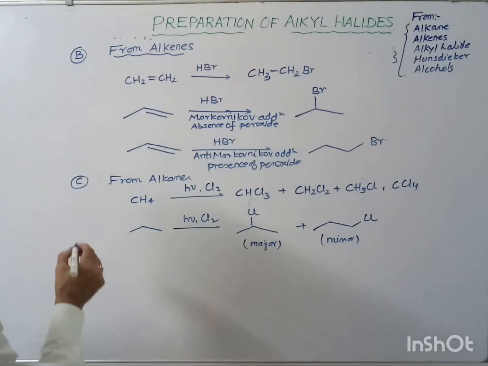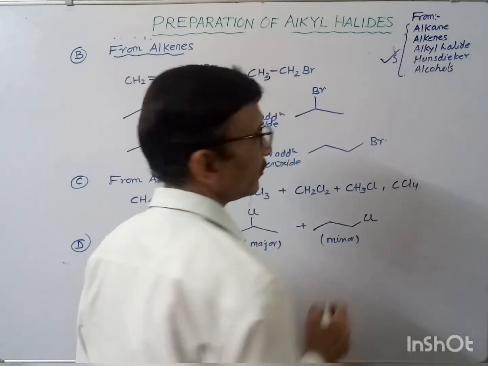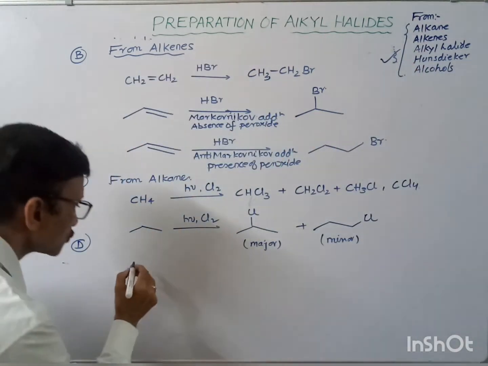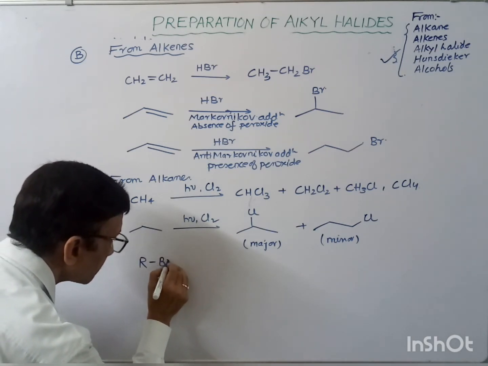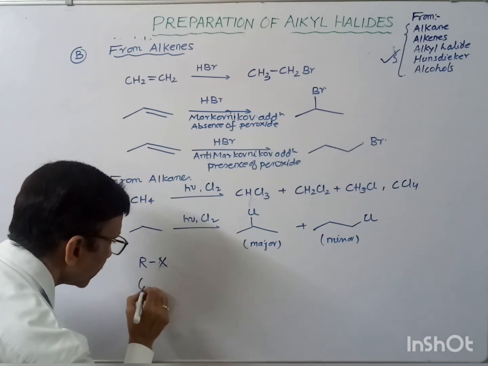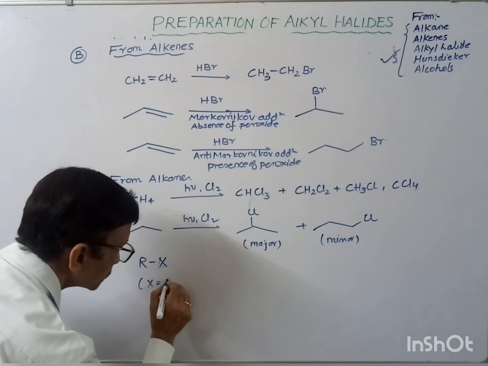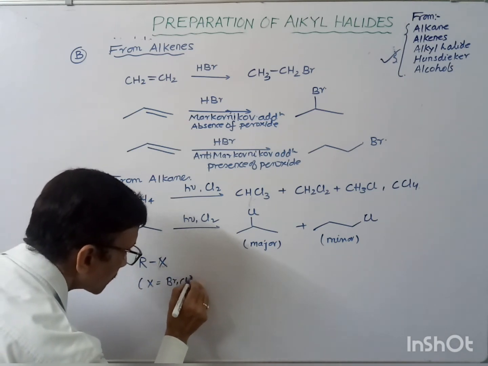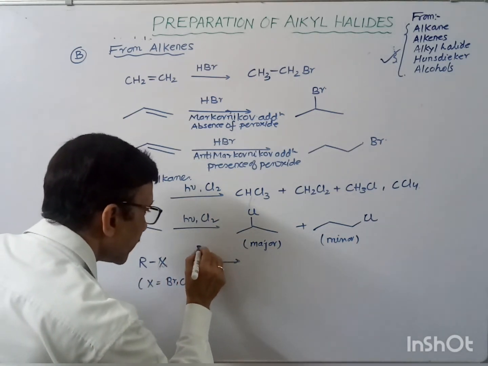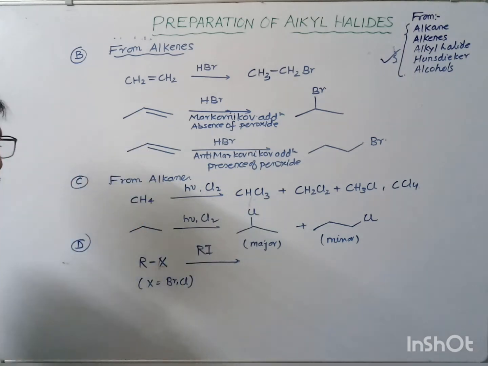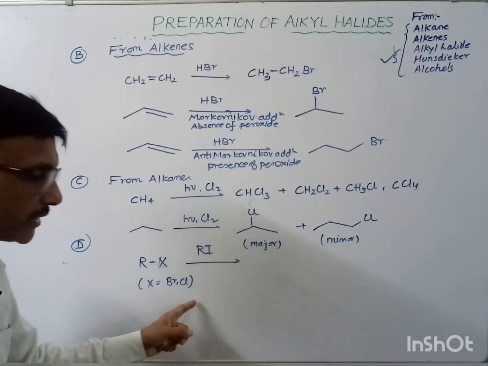Now next, from an alkyl halide also we may prepare another alkyl halide. Suppose we have an alkyl halide, and here this X may be either bromine or chlorine, and this in presence of alkyl iodide, iodide ion being a better nucleophile, can replace the bromide ion and chloride ion.